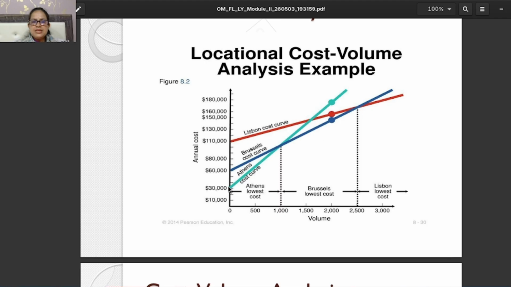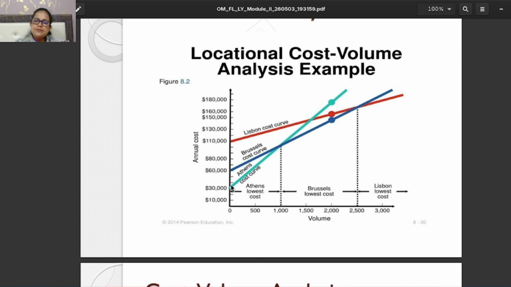If we are producing up to 1000 units, Athens is good because Athens is low cost. This is our cost graph, and the y-axis represents the total cost.